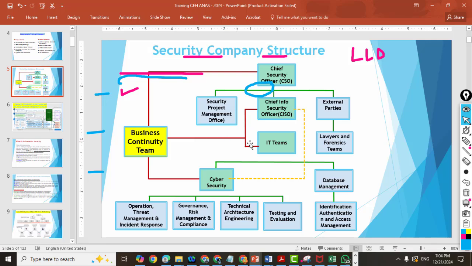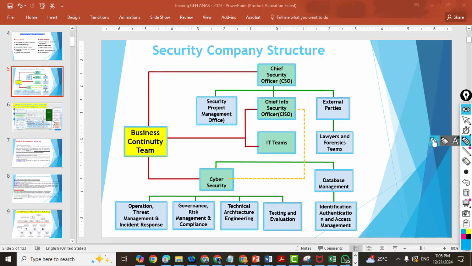Those are heads of other main entities inside the organization, like we have the chief security officer, and we have the chief information security officer, then we have cybersecurity.